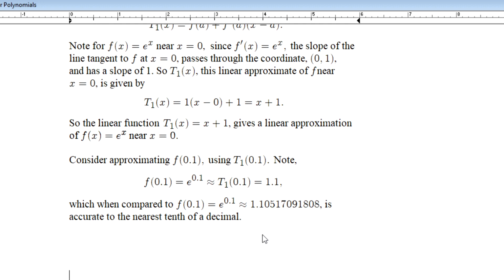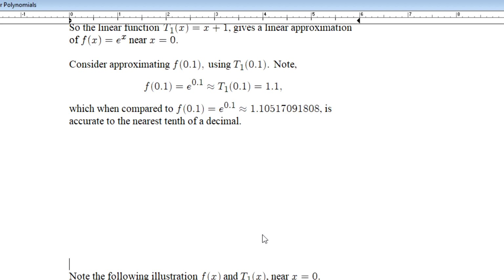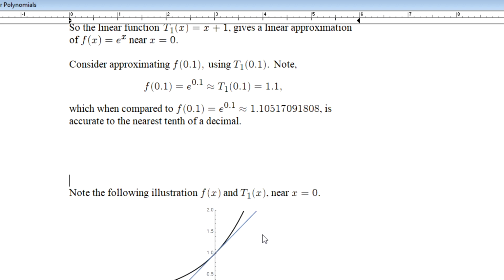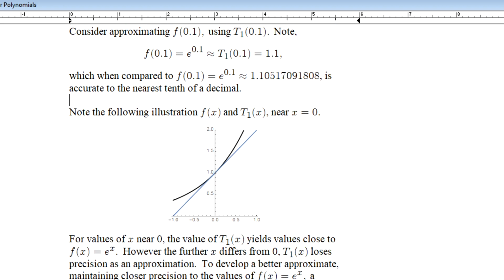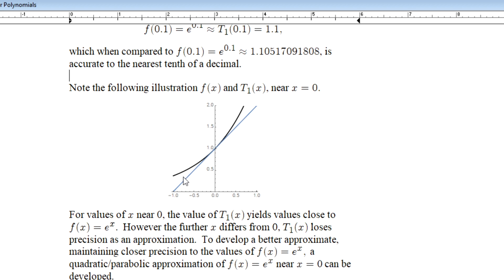All right? If we compare the graphs, here we do have the graphs of these two functions. Note the following illustration of their graphs. Certainly the curved graph is our function e to the x, and we're not looking at all of it. We're just really interested in being close to this value of x equal to 0. Right?